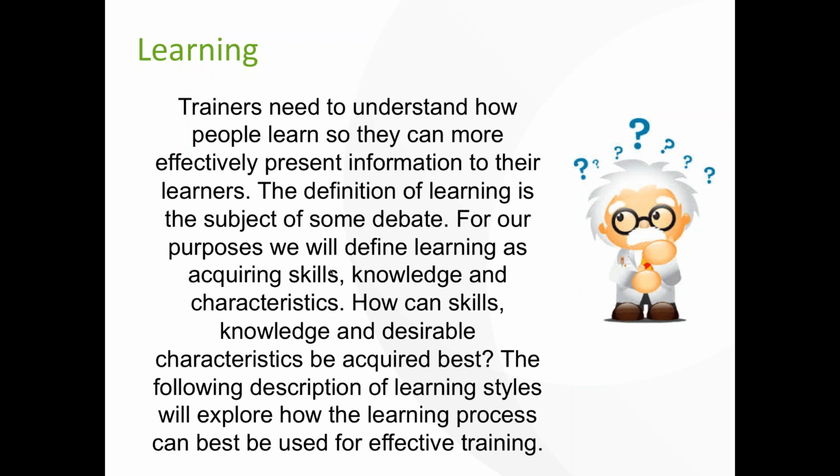The definition of learning is subject to some debate, and for our purposes, we define learning as acquiring skills, knowledge, and characteristics. How can skills, knowledge, and desirable characteristics be acquired best? The following description of learning styles will explore how the learning process can be used.